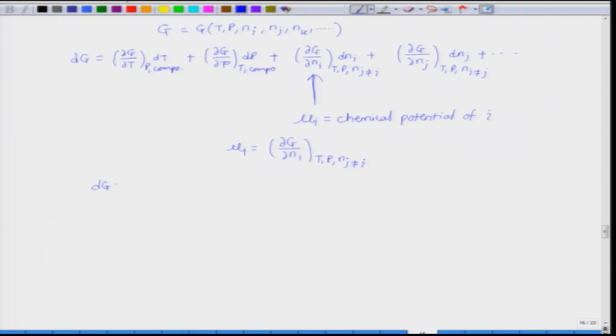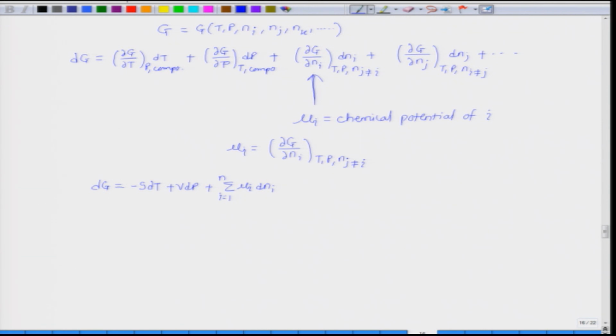Now, with this we can modify our equations of state to take into account the changes in composition as dG is equal to minus S dT plus V dP plus the summation of mu I dNi, where the summation goes over all the components I equal to 1 to n.